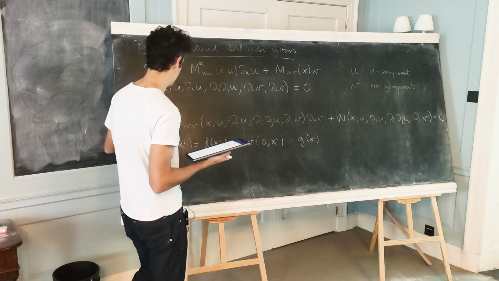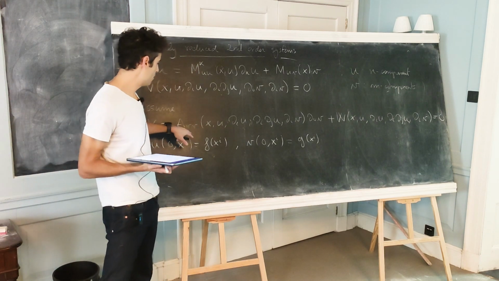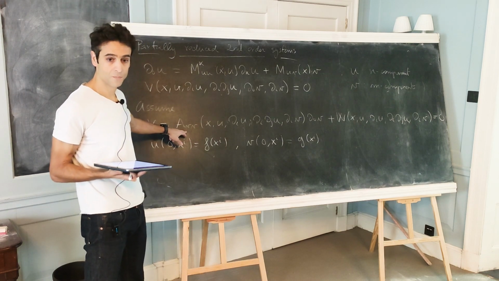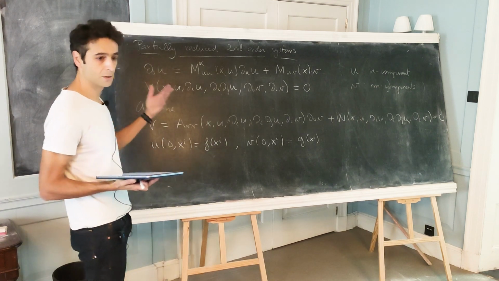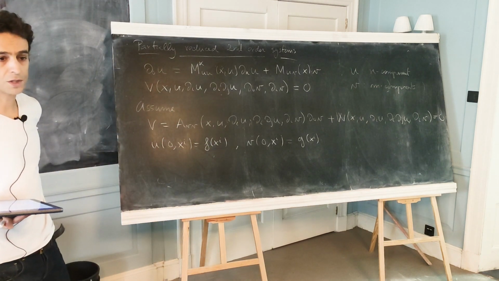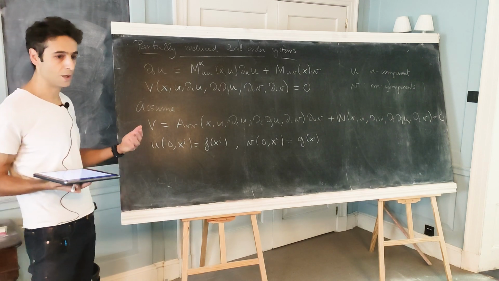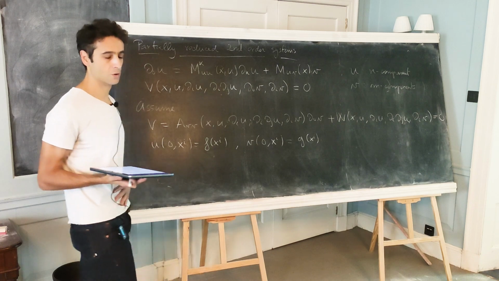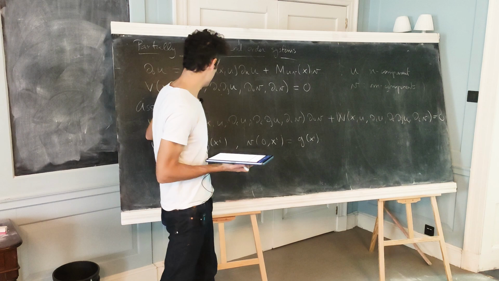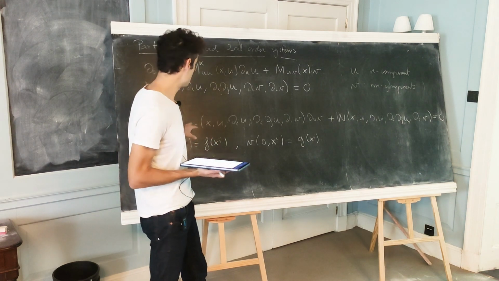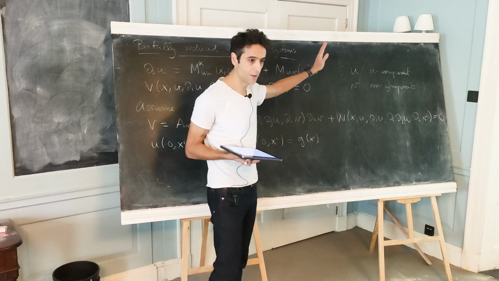We assume that the t equals constant surfaces are not characteristic, so this matrix can be inverted. Okay, and we write the system as a first order system, and then one looks for what conditions strong hyperbolicity imposes on the first order system, and then from this we obtain the conditions on the second order system, right? So the first thing that we're going to do is just rewrite these equations, so just invert this matrix and write this also as an equation for the time derivative of v equals something.